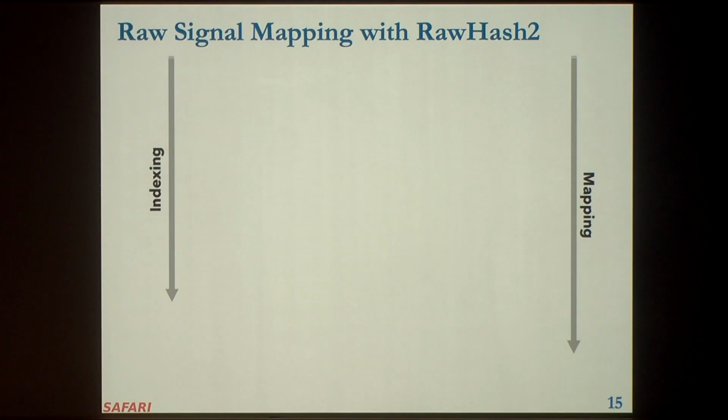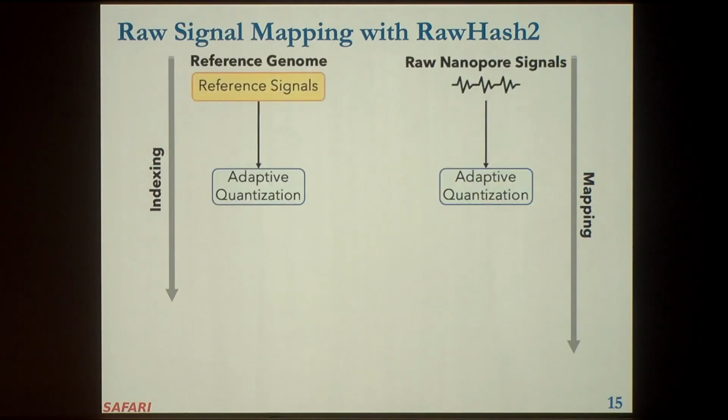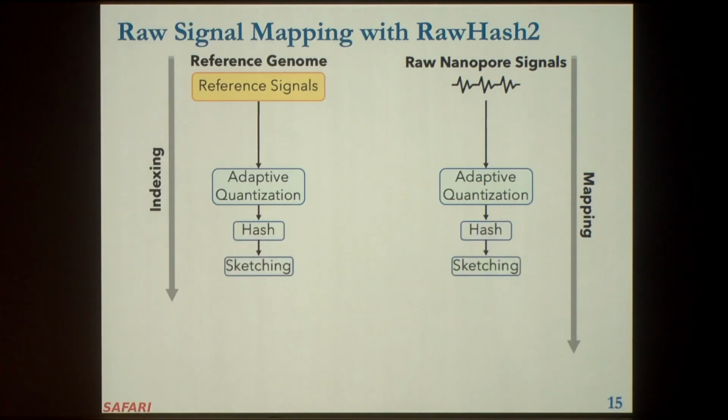As with any read mapper, it has two steps, indexing and mapping. In both steps, we apply a quantization on the signal so that we can reduce the noise a bit. Then we generate hash values from these signals, and we can also perform some sketching, for example, minimizer sketching.